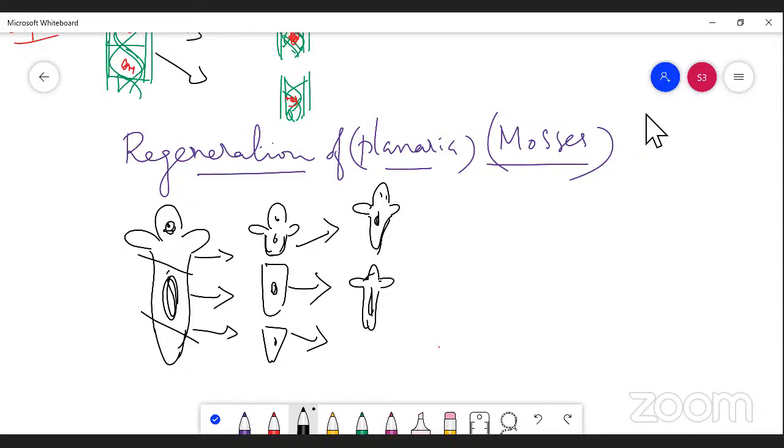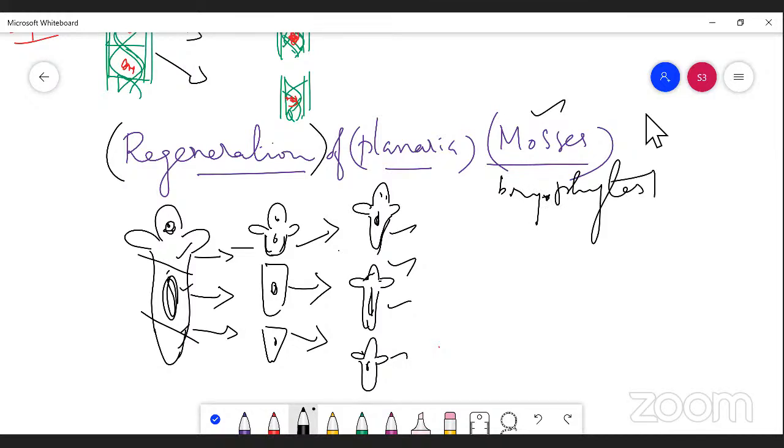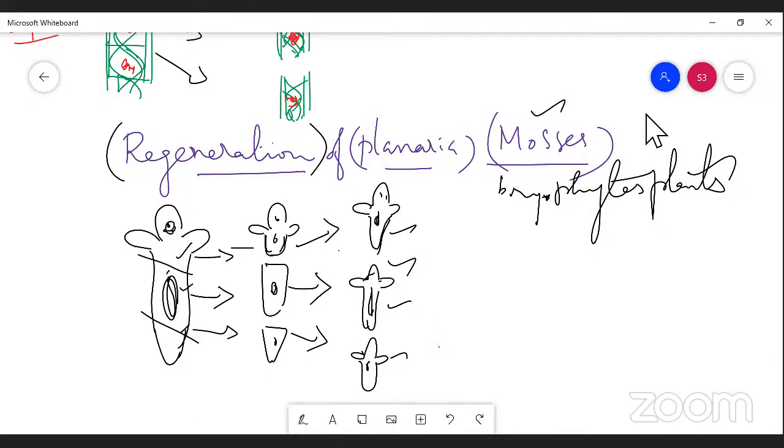It's called regeneration. Regeneration also occurs in mosses, the bryophyte plants.